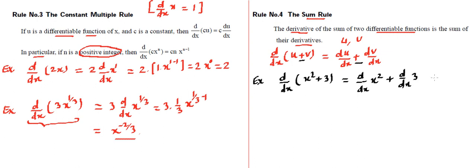We can think of this as getting distributed inside. Now we will use the rule for the first. If I write in short, this is x square and n is 2, so it's going to be 2x raised to power 2 minus 1, that's 1. x raised to power 1 can be written simply as x. And the differentiation of a constant is 0, so the answer comes out to be 2x.